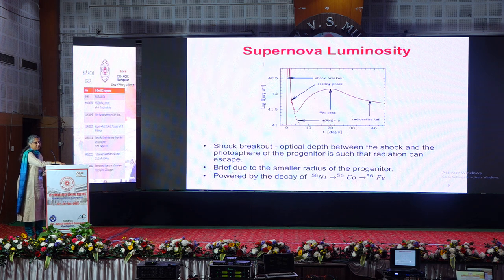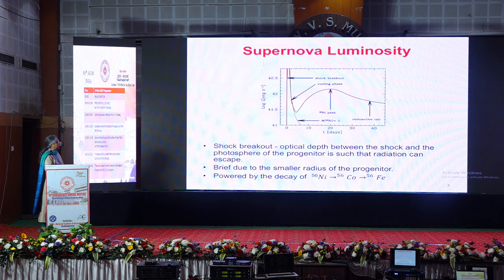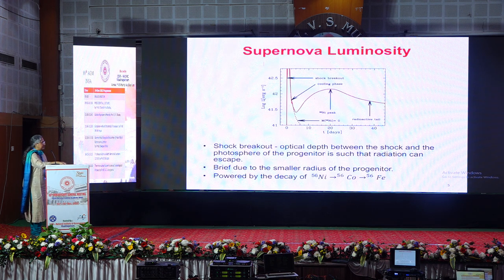So when the thermonuclear runaway happens, there's a shock breakout, and this shock period is of a very short duration. As shown in this plot here, the initial sharp rise, and then subsequently, as the matter begins to expand, it cools. But during the thermonuclear runaway, there's a quick synthesis of elements, and you have the radioactive nickel being formed.